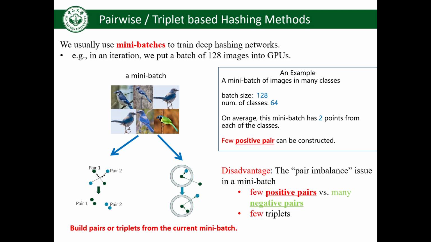Such a construction approach will cause an issue that the number of positive pairs and negative pairs are imbalanced. For example, when the batch size is 128 and the class number is 64 on average, one mini-batch only has 2 points from each of the classes, which means few positive pairs are constructed.